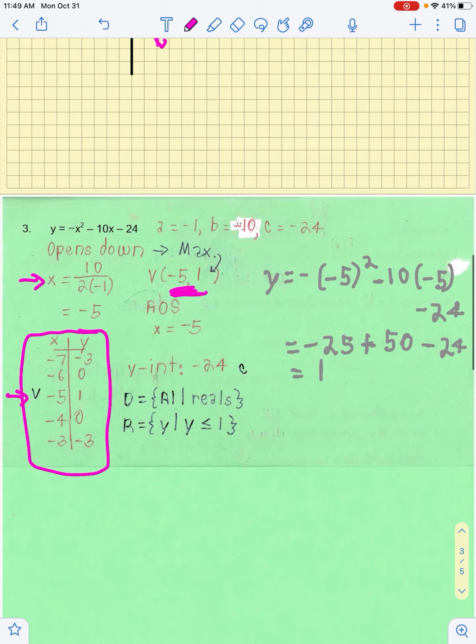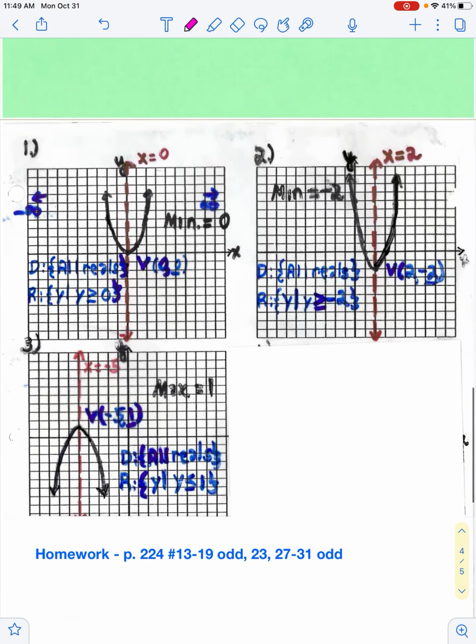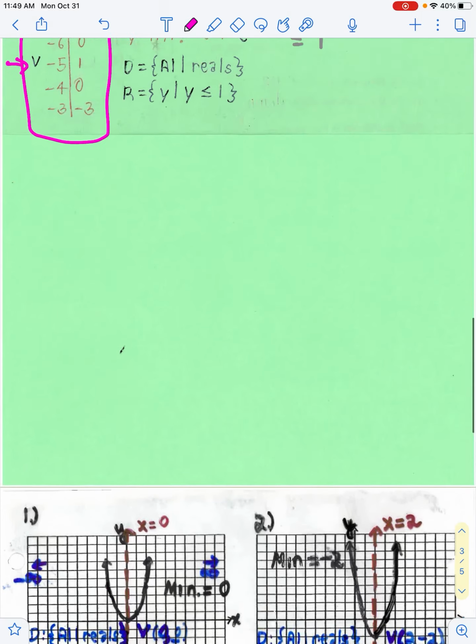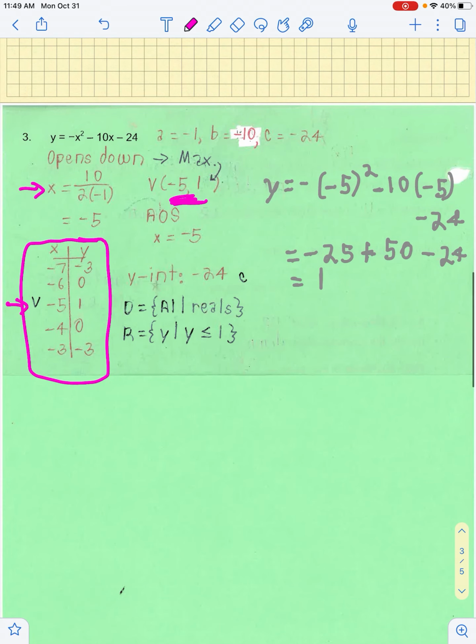So let's move down and take a look at our graph here. Our vertex is at -5, 1, and I've graphed the points on either side. And since it opens down, our maximum value is 1. Our domain would be all reals, and our range is y less than or equal to 1. I don't see my y-intercept on this graph, but when I look back up here, my y-intercept can be found right here.